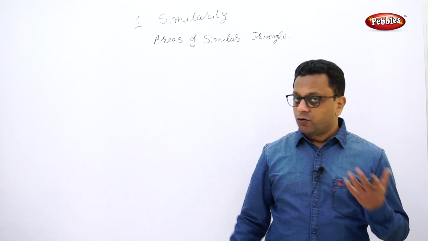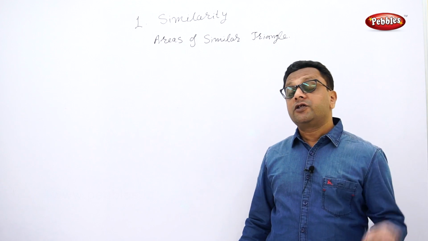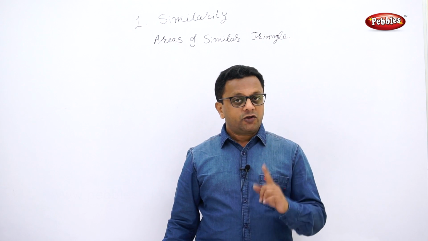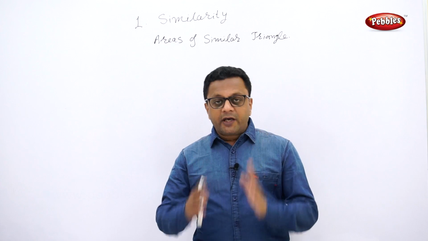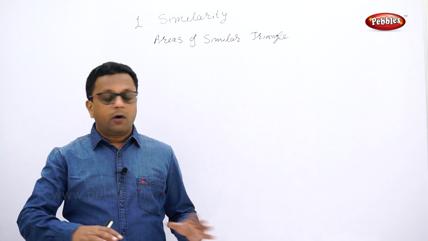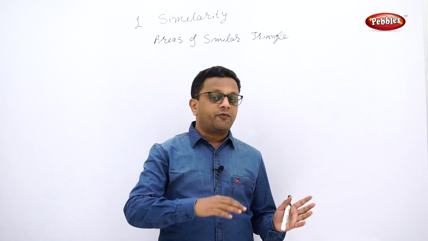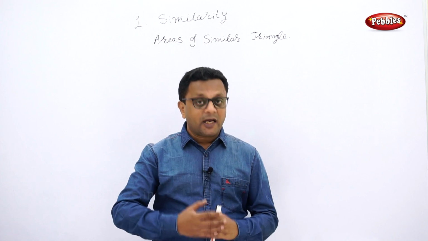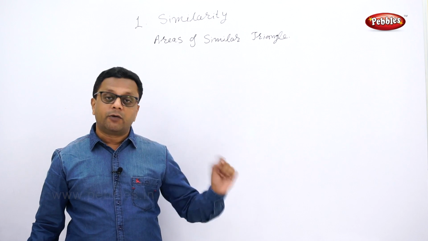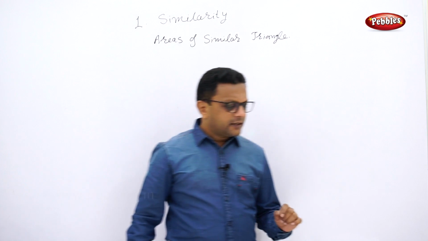If the figure is given, you will definitely draw it, but if it is not given, still you have to draw the figure, because once you draw the figure you make sure that everything that is given comes in that figure. Or if you just try to solve it without a figure, what will happen? Sometimes you may miss something from what is given. Okay, so let us see a few examples.